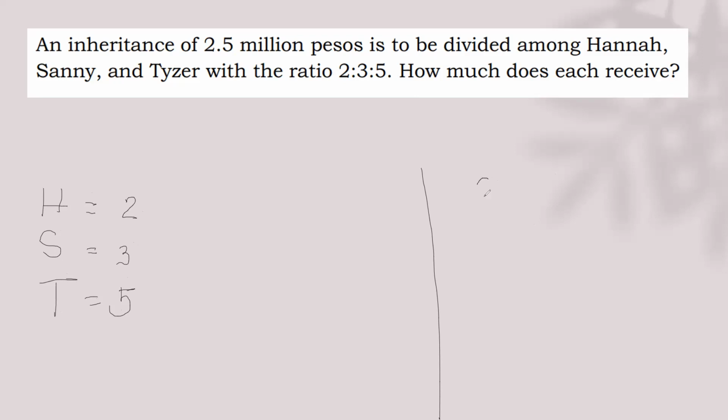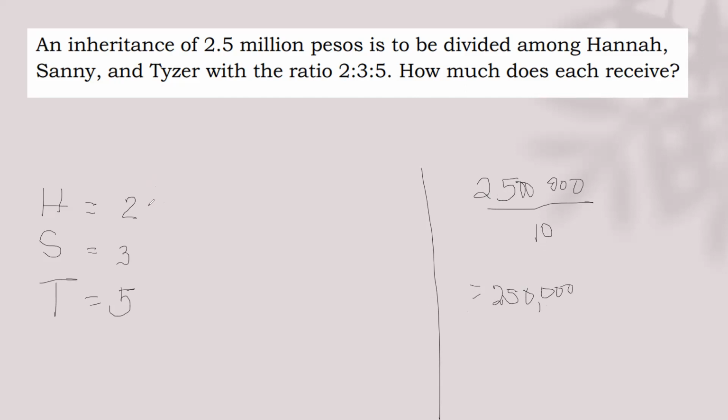So ibig sabihin, yung 2.5 million, which is 2,500,000, ay hahatiin natin sa 10. Okay? So 2,500,000 ay hahatiin natin sa 10, which is equal to 250,000. Okay, ang bawat parte.